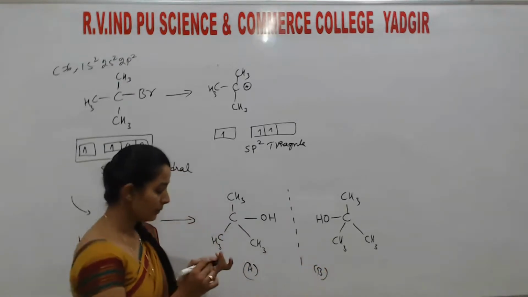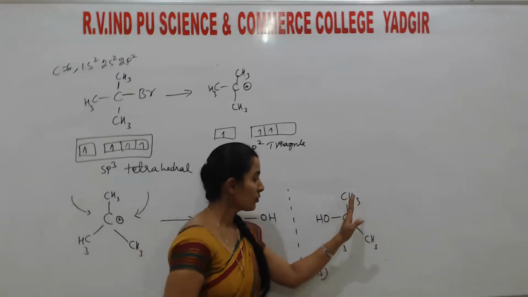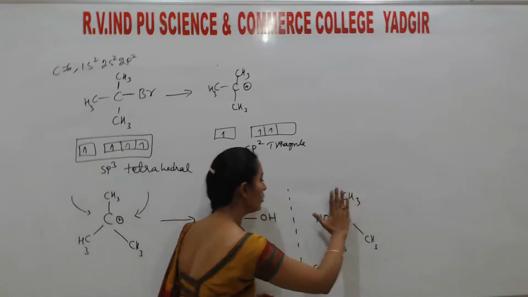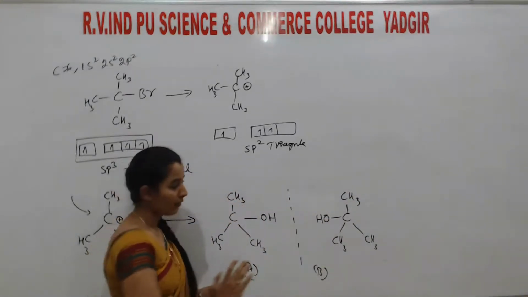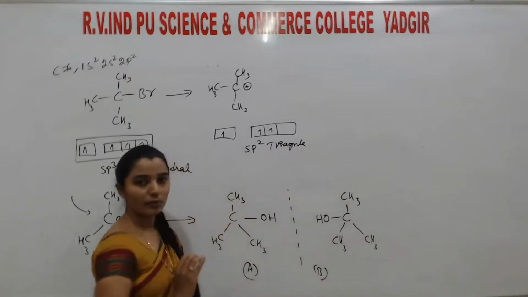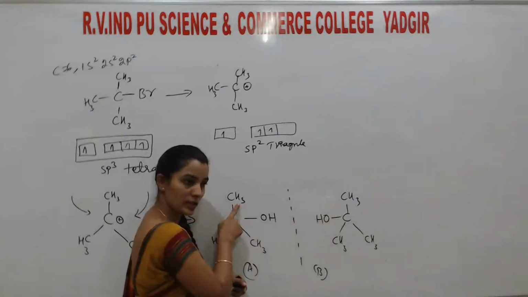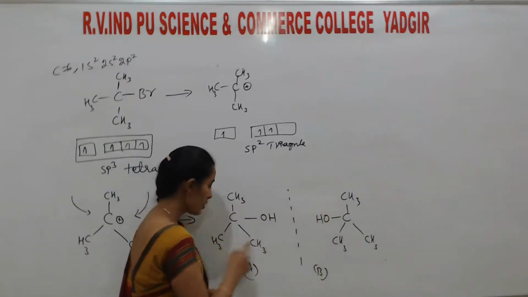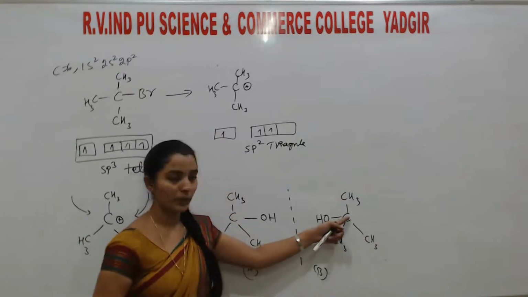Listen, this is the carbon here. When we take compound B and place it exactly on compound A, which ones superimpose? The CH3, CH3 superimpose, these two are superimposed, and this carbon is also superimposed.